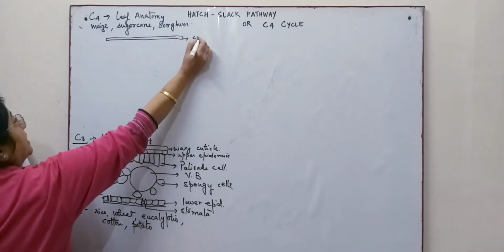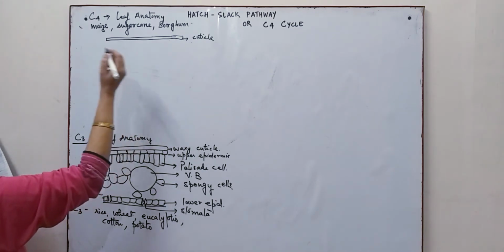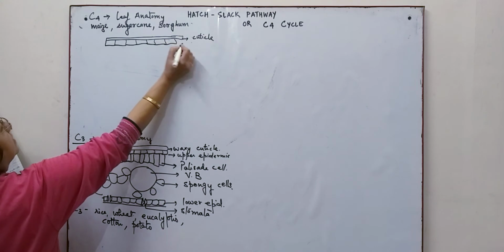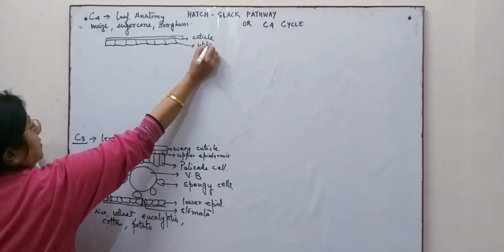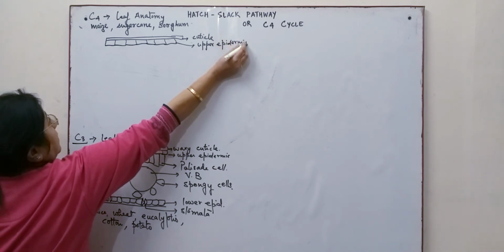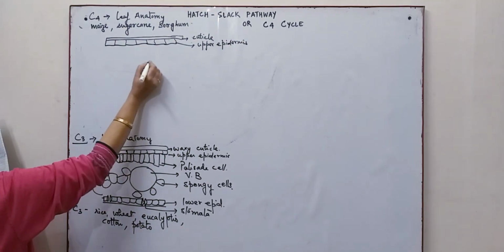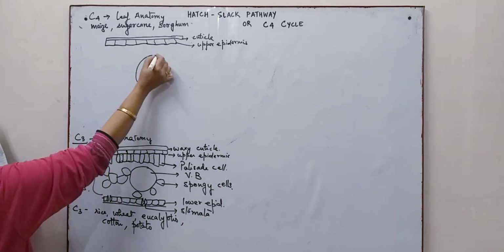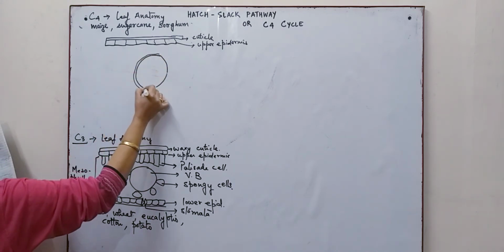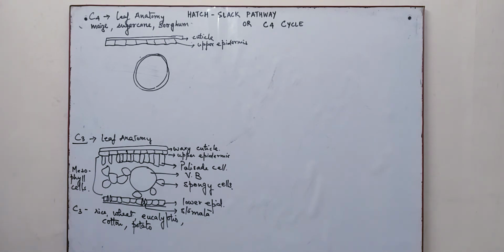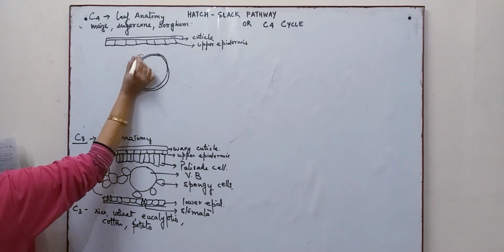This is the cuticle lining over here, then followed by the upper epidermis, or the epidermal cells. Now here if you see, this is the vascular bundle, and this vascular bundle is surrounded by a layer of cells over here.